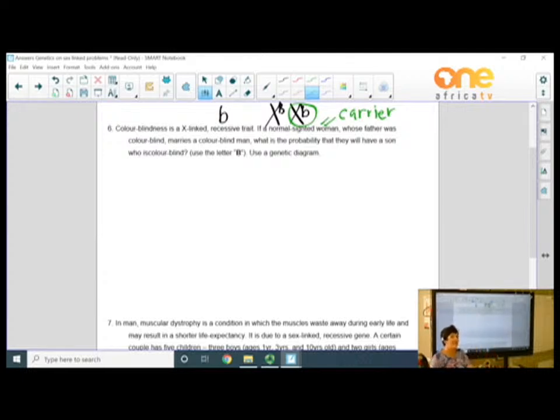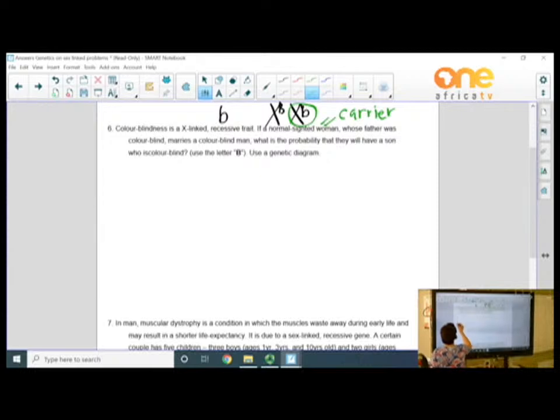The father had only one X. So it was inherited, not given. It's wrong to say it was given, because it's not giving. He makes his children inherit his genetic profile. Now, so now she married a colorblind man.